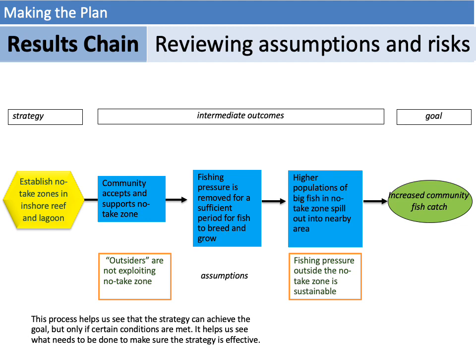If fishing pressure is removed and fish can breed, then we'll have higher populations of big fish. If we've got higher populations of the big fish in the no-take zone, then we'll have an increased community fish catch. This process helps us see that the strategy can achieve the goal.